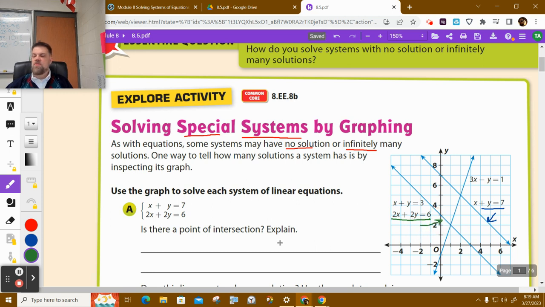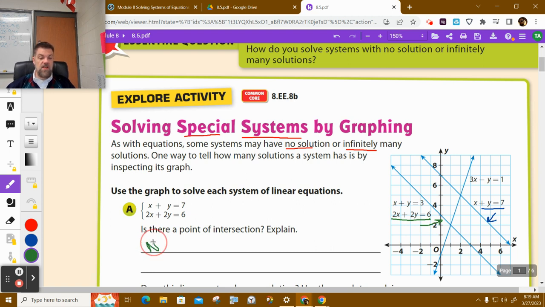What do you notice about those two lines? They don't cross at all. So how many solutions do you think we're going to have? 0 solutions. So let's write that down. It says, is there a point of intersection, and explain.